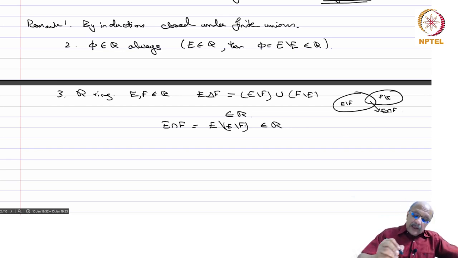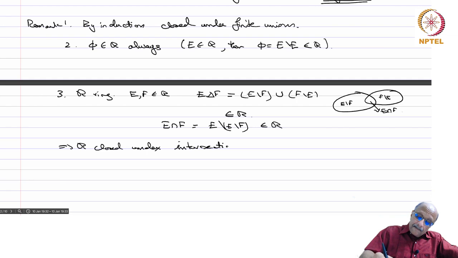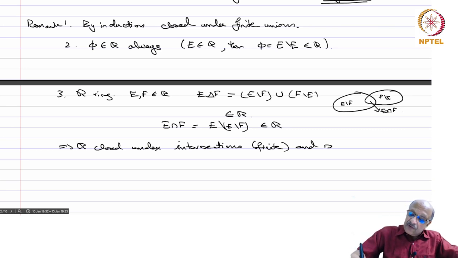So the ring is also closed under intersections, and by induction finite numbers of intersections are also true, and symmetric differences.